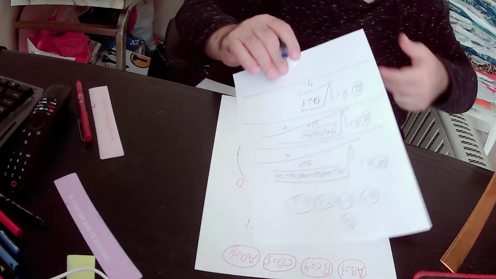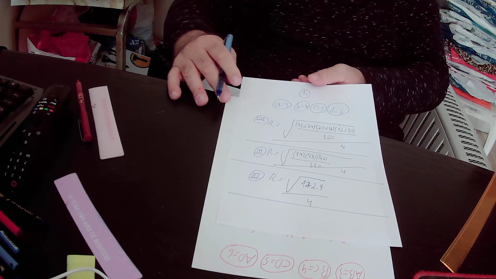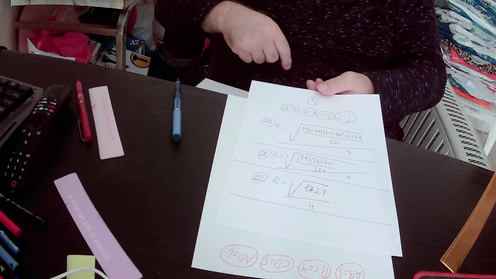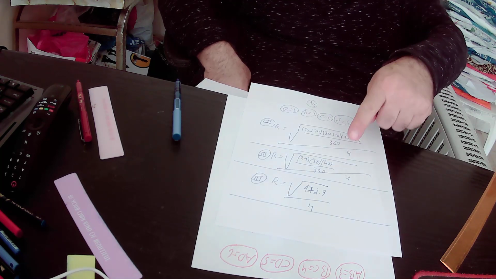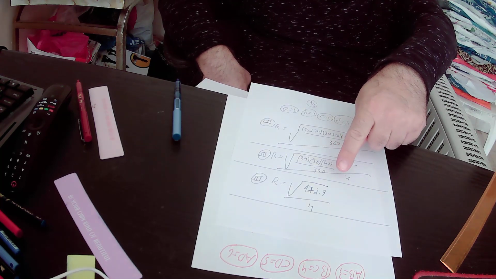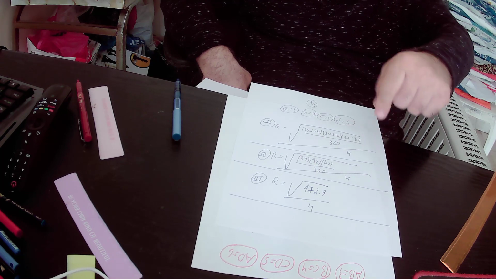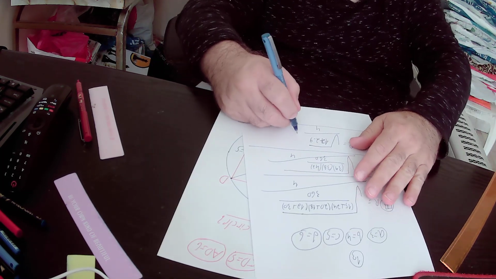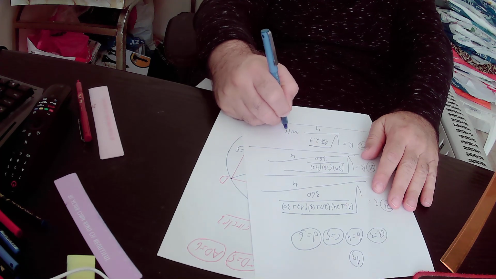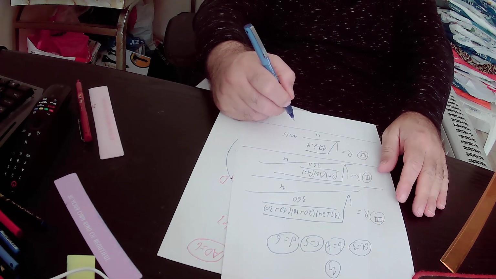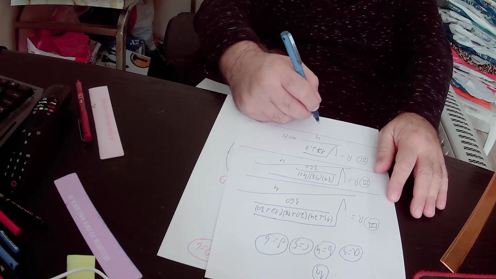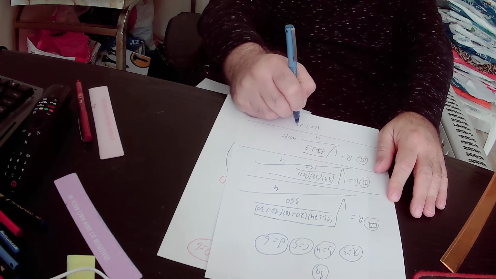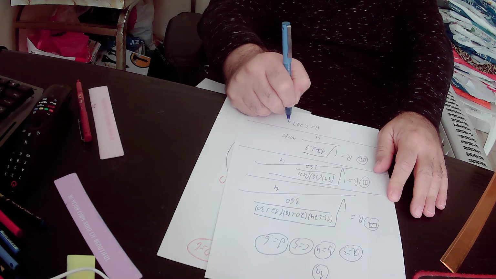So we actually found out that the radius of this circle equals the root of 172.9 over 4 units, or in terms of numbers, the radius equals 3.287 units.